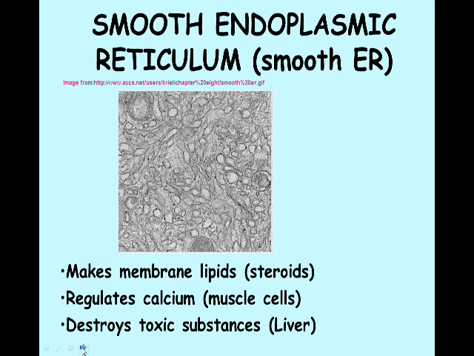Smooth ER also destroys toxic substances in liver cells. It's very important in breaking down toxins, things that are bad for you. Toxic things are poisonous. Your body makes some things we want to get rid of, like nitrogen waste, which comes from our cells as they're doing their metabolic functions. The liver works to break down those nitrogen waste toxins and put them into our urine to get rid of them.